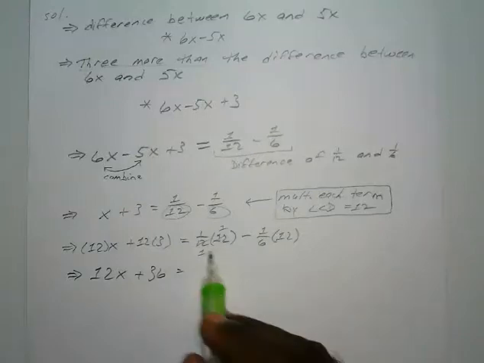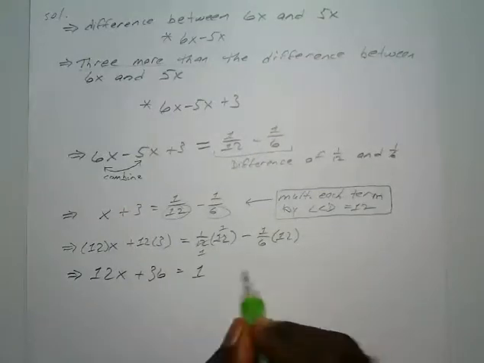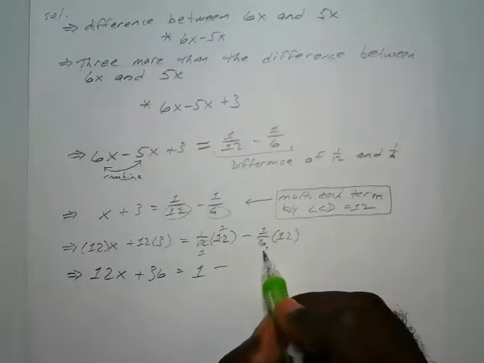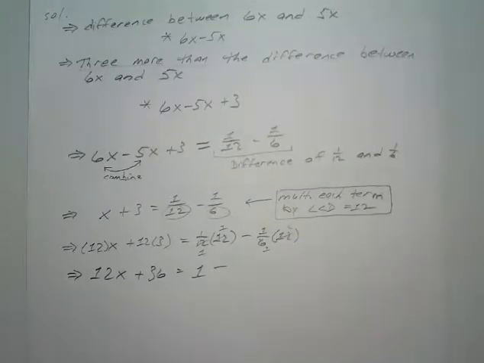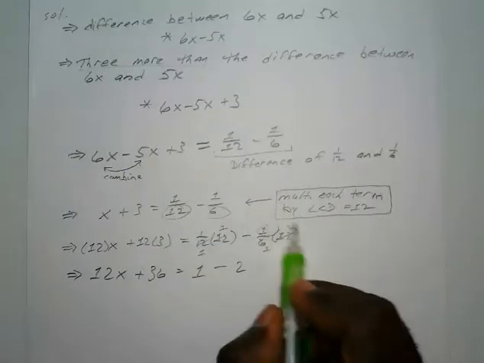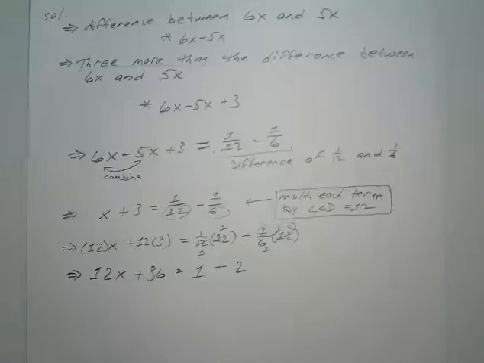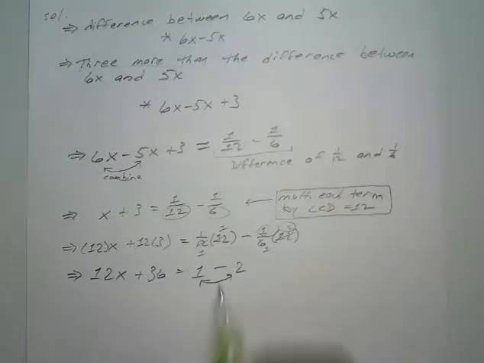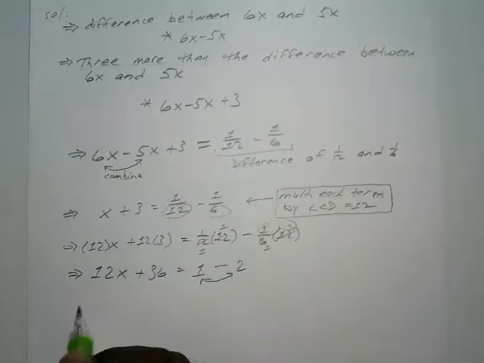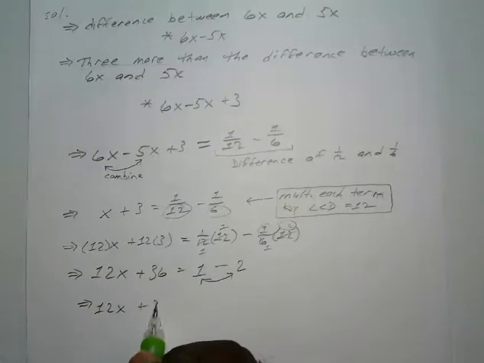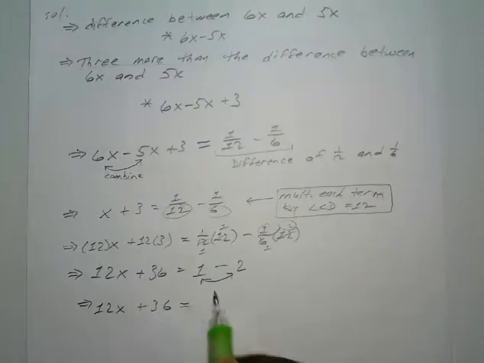So you have basically 1 times 1, which is 1, minus 6 goes into 6 one time, 6 goes into 12 twice. So we multiply what's left, which gave us our 2. Alright, so you can go ahead and combine those two. So that gives us 12x plus 36 equals 1 minus 2 is negative 1.